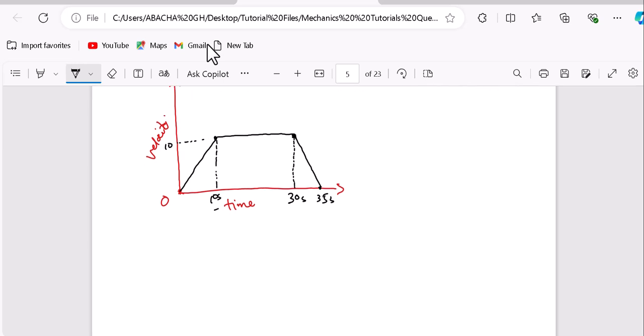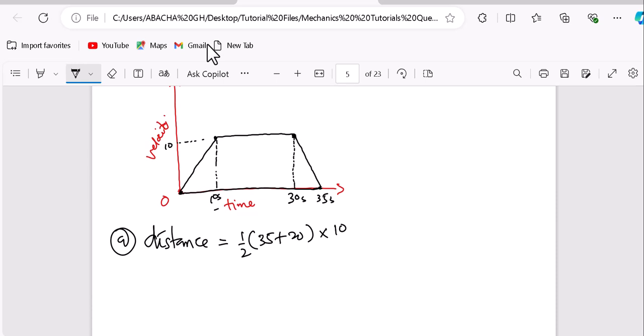This is a trapezium, which we all know how to find the area of. So the distance, that's the A, is equal to half the sum of parallels times the height. The first parallel line here is 35, plus the second parallel line, that is 20, times the height, which is 10.